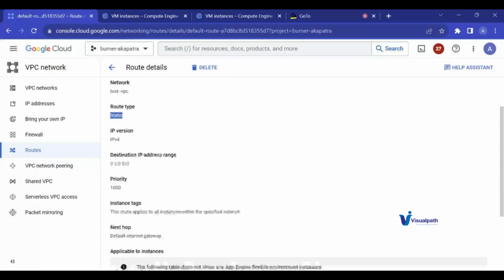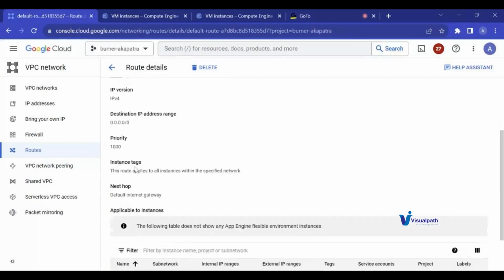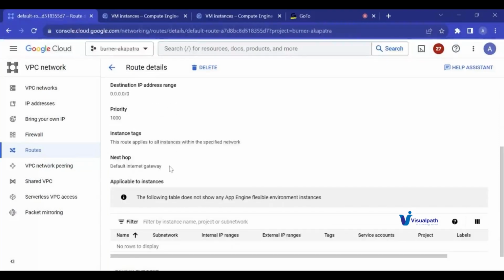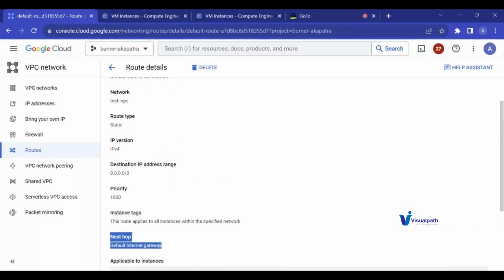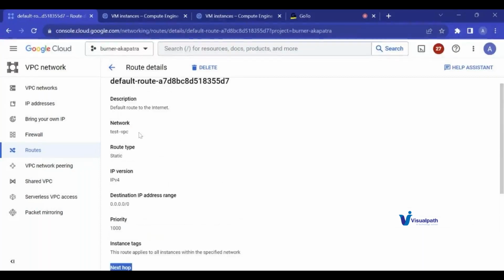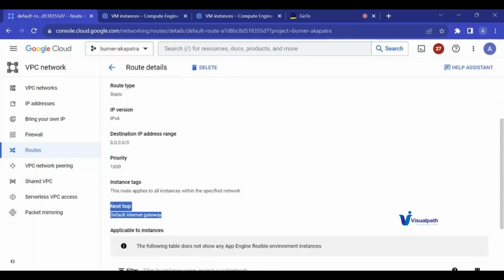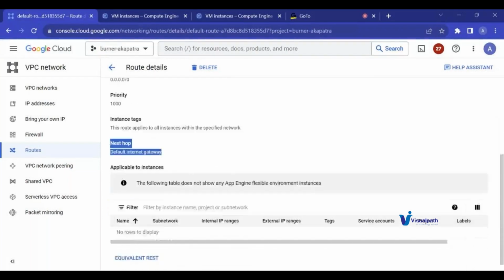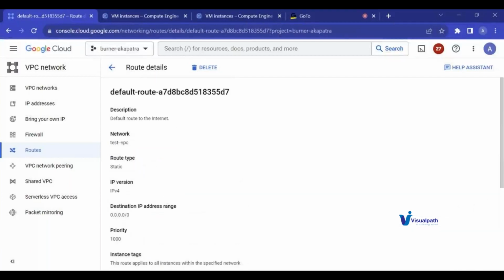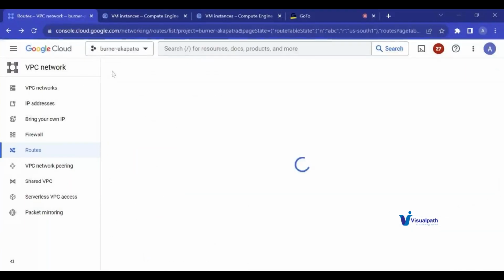What is the type of IPs? What is the destination? And then what is the next hop? This becomes the critical part. So anything coming on this network from, let's say, 0.0.0.0, will hop into the internet gateway and from there go out to the internet. This is a typical example of an internet gateway hop.